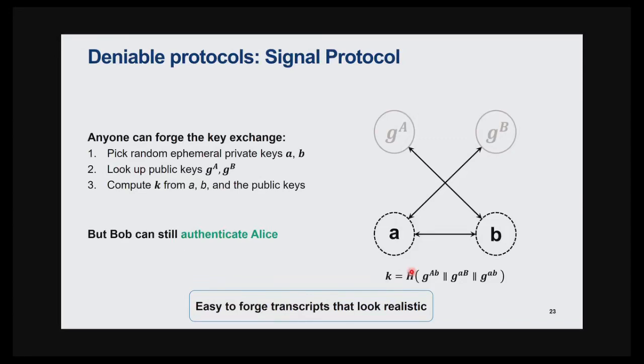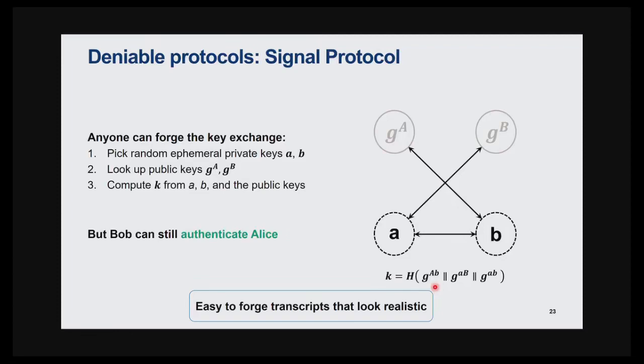And the result is that you can now compute all three of these Diffie-Hellman components, because knowing both little a and little b is enough to compute each of these secrets. You can now generate this secret key K, and that lets you generate a whole Signal transcript that looks like it's really between Alice and Bob, but you can just make it yourself.